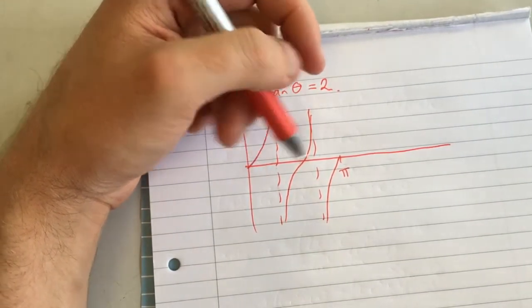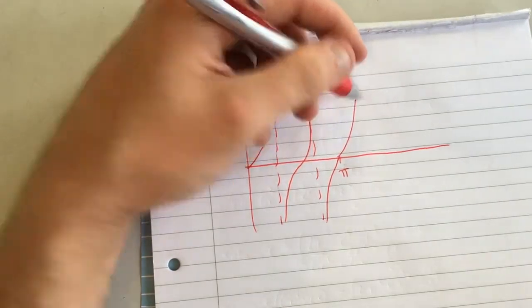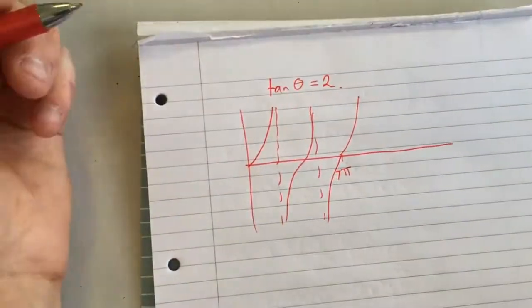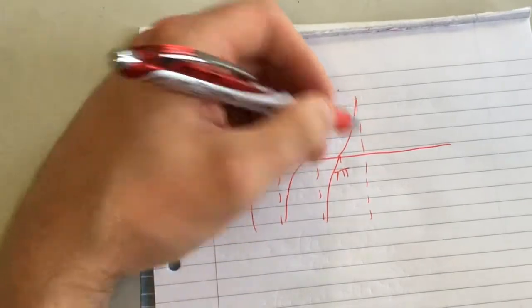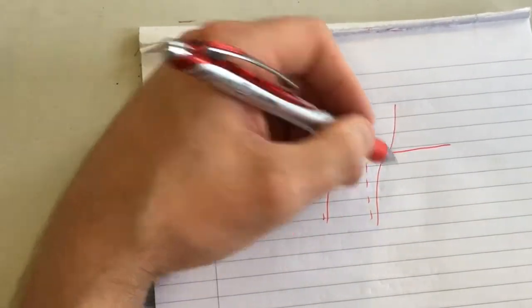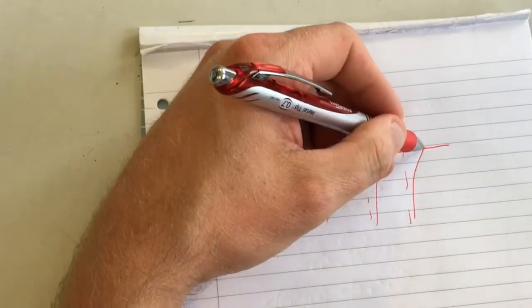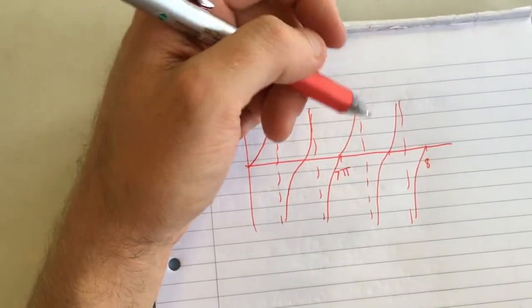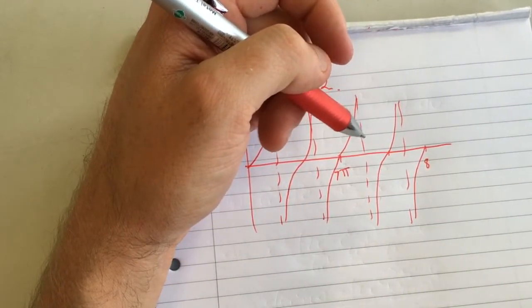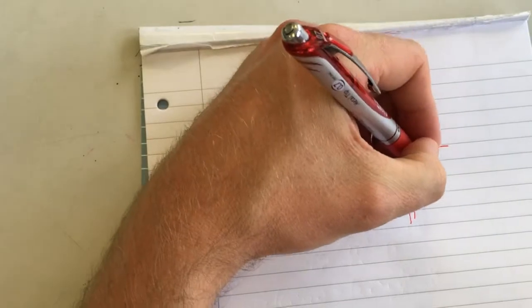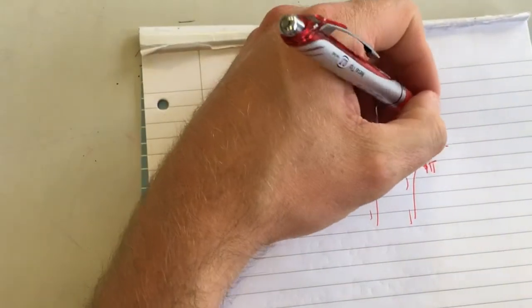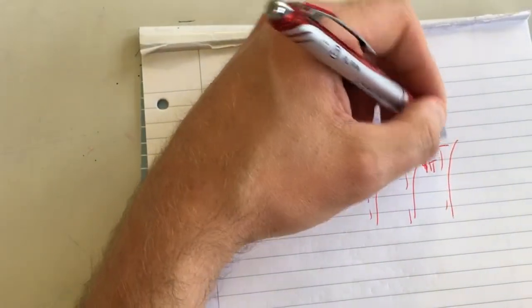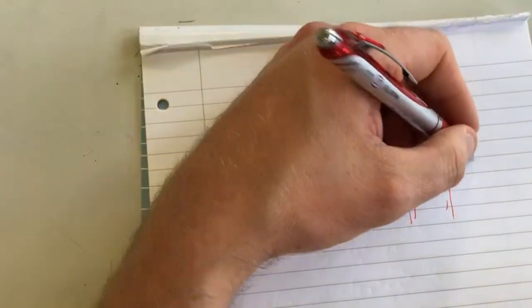So 7 pi, I mean, tan repeats every pi anyway, so we could just call this 7 pi if we like. So 7 pi, there's 8 pi. No, it's not, it's 9 pi. And there's 10 pi.